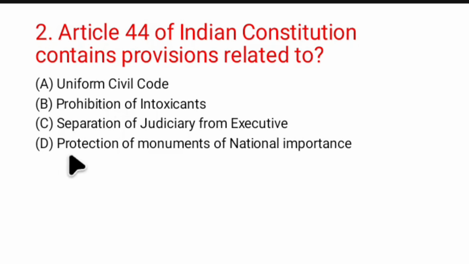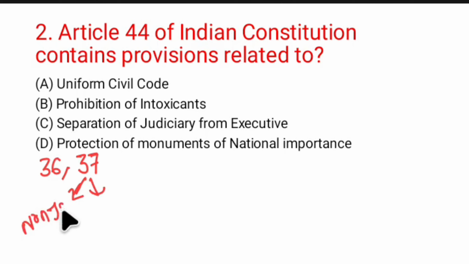First, Article 36 talks about the definition of state. And Article 37 talks about these DPSPs being non-justiciable in nature. So you can't approach the court saying there was a violation of DPSP to my life.